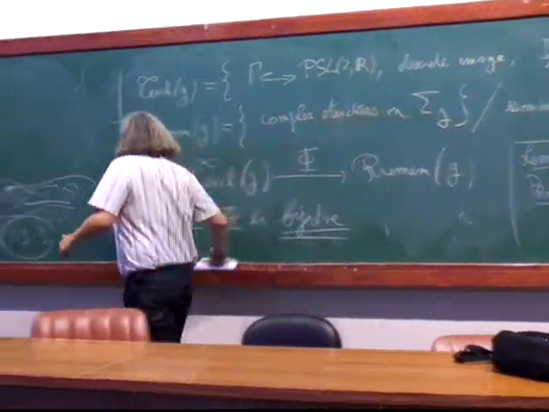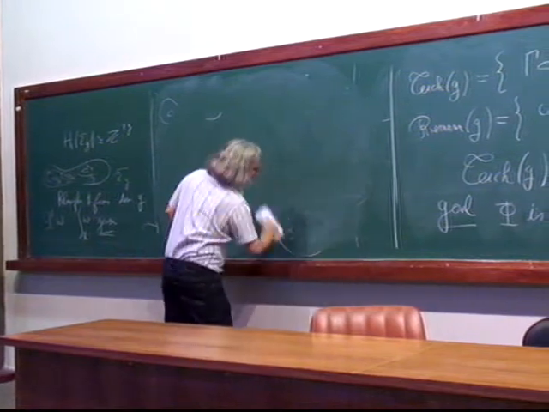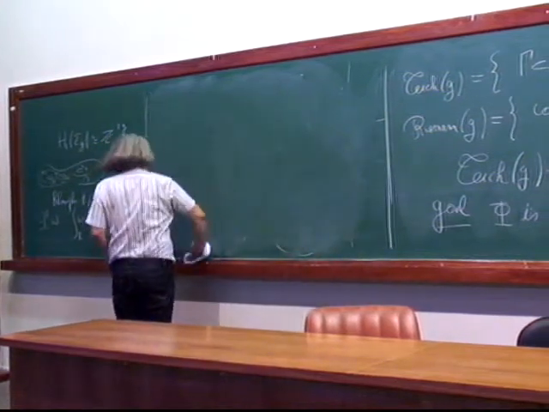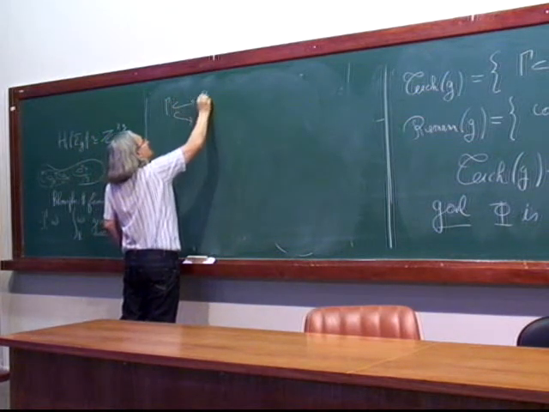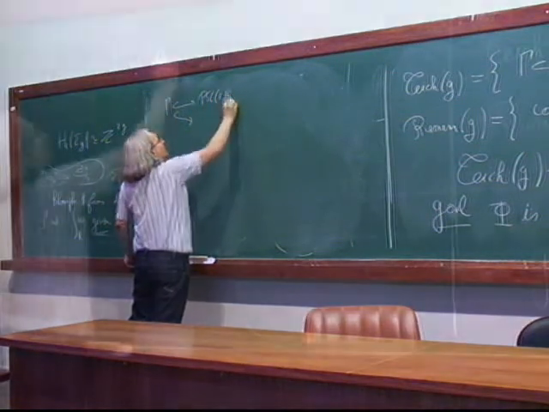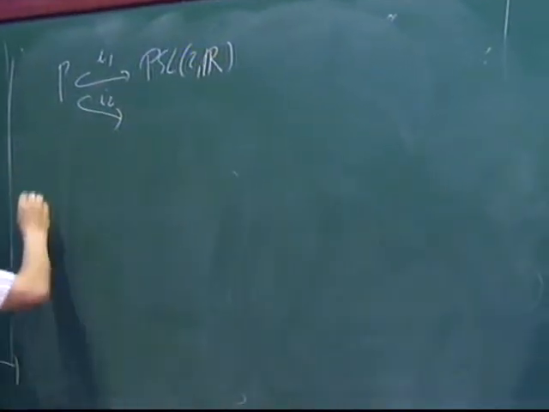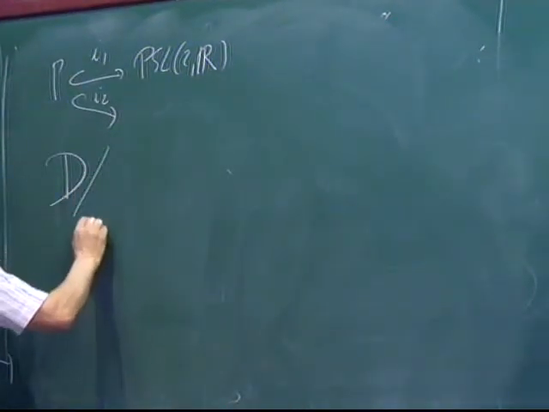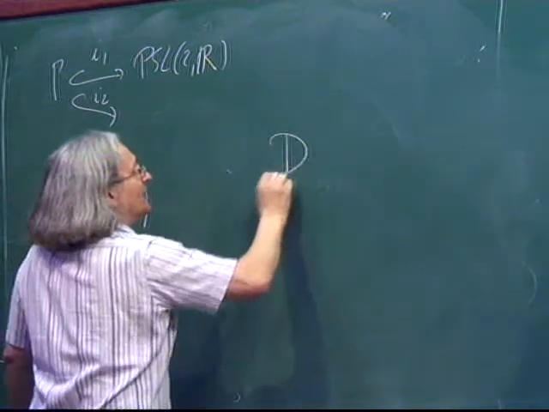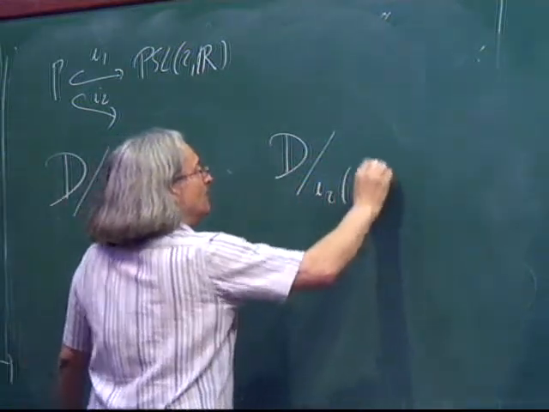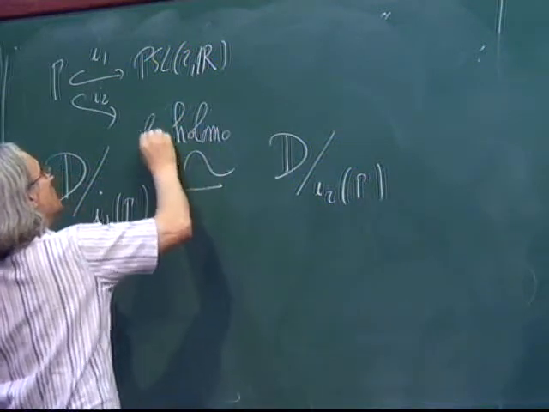So you would have two homomorphisms, gamma embedding in two ways in PSL2R, let's say I1 and I2, such that the disk divided by I1 of gamma and the disk divided by I2 of gamma would be holomorphically isomorphic, biholomorphic.